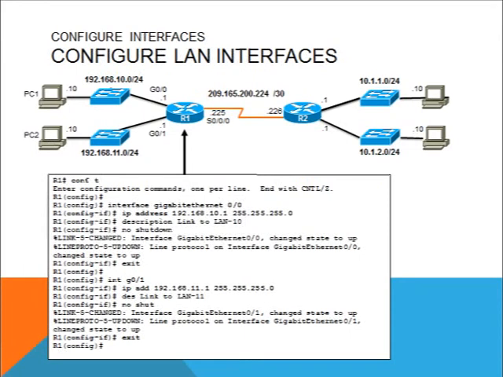After setting up the router itself, you need to be able to configure the router to connect to other LAN devices. To connect to other LAN devices, you have to connect through what we call the interfaces.